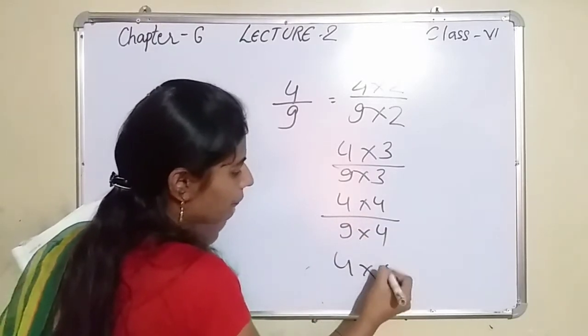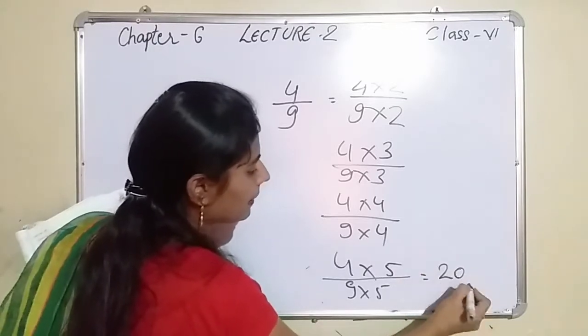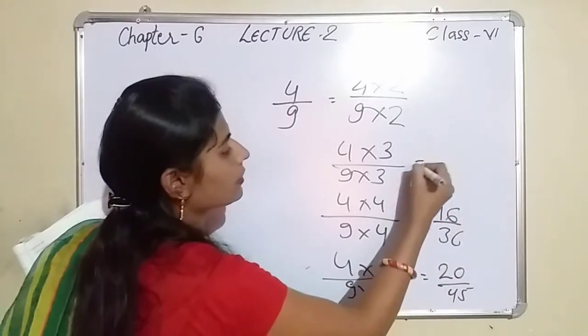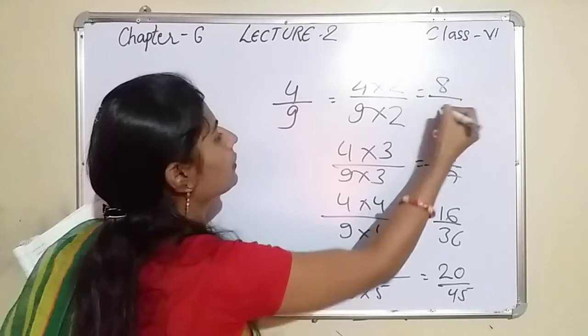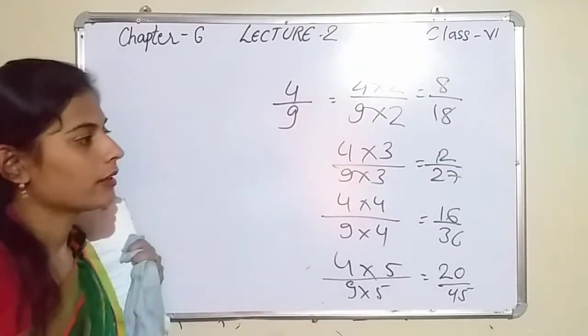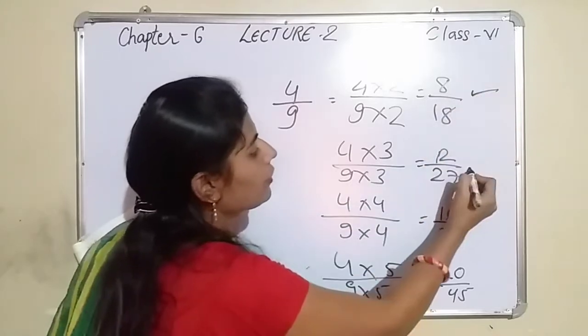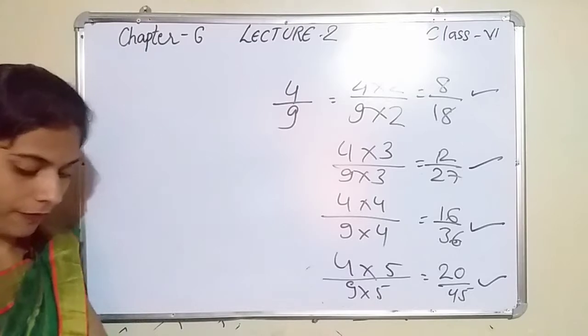Then 4 by 5, 9 by 5. That is 20 by 45, 36, 27. Okay. So the next 4 equivalent fractions of 4 by 9 are 8 by 18, 12 by 27, 16 by 36 and 20 by 45.